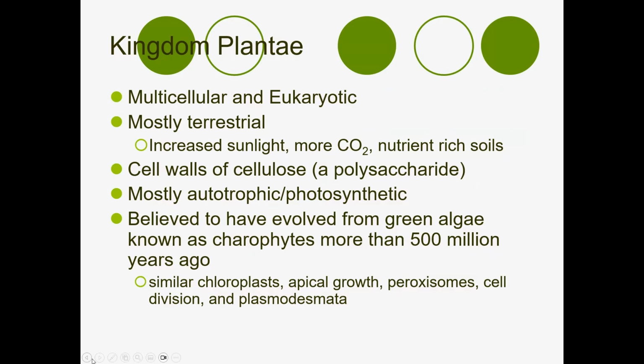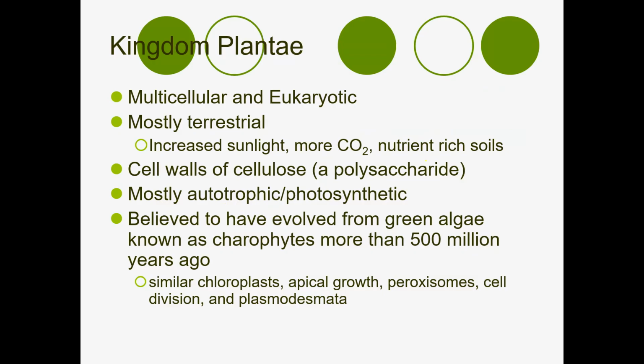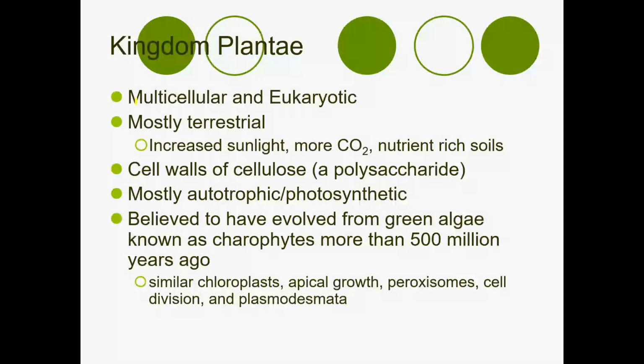We can see that they are multicellular. This is one of the things that separates some of those algae groups. Some of your algae groups are unicellular, and a lot of times your algae may be placed with your protist category, the ones that we call the plant-like protists or the algae.